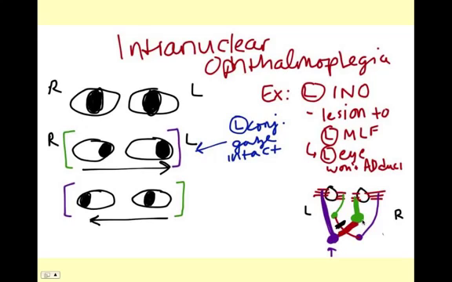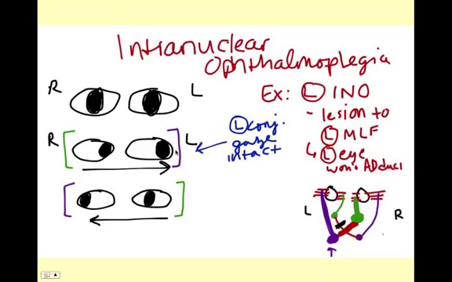So I bold-faced it here. And there's no problem there, and so that's going to allow the right eye to activate at the medial rectus. Both eyes look to the left. Left eye uses the abducens nerve, right eye uses the medial rectus. So we'd say here that the left conjugate gaze is intact.